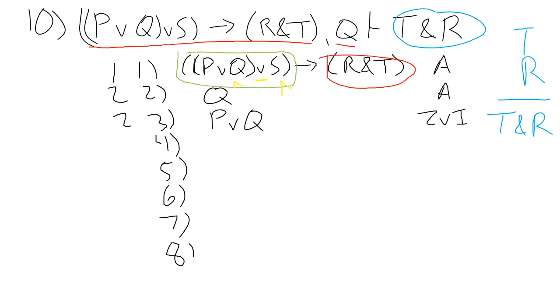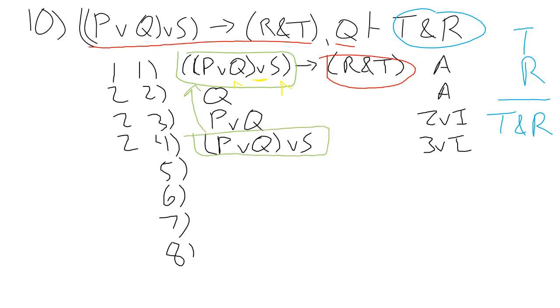And then from that, I can wedge in the S with the P or Q. Like that. Now I have my antecedent. So I can kick out my consequent. 1's my conditional statement, 4 is my antecedent. Removing the arrow, 1 and 2 are next to 1 and 4.